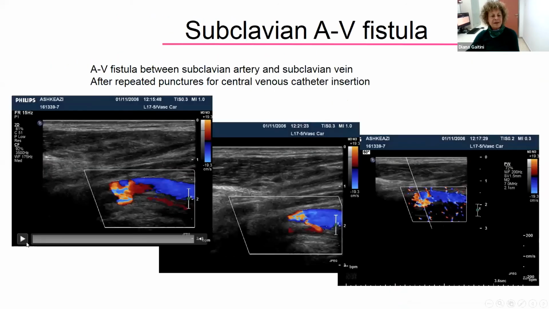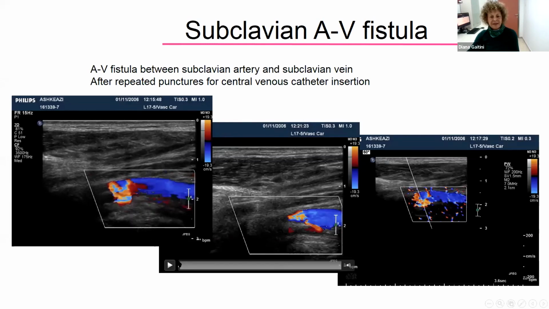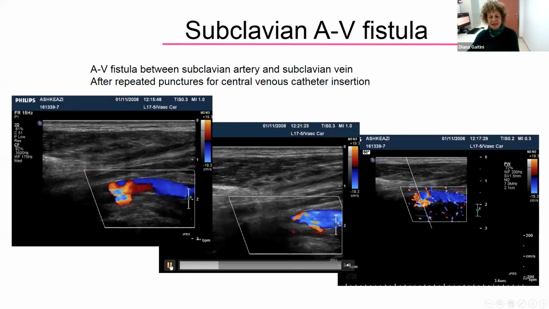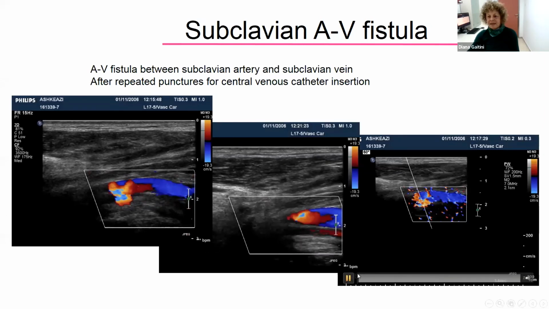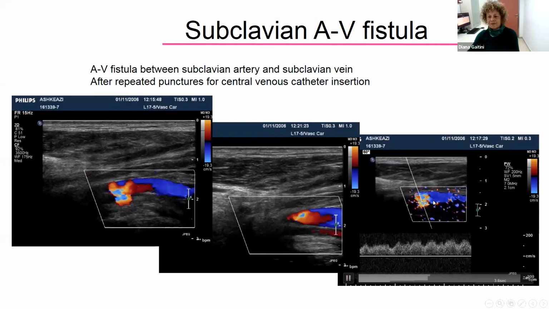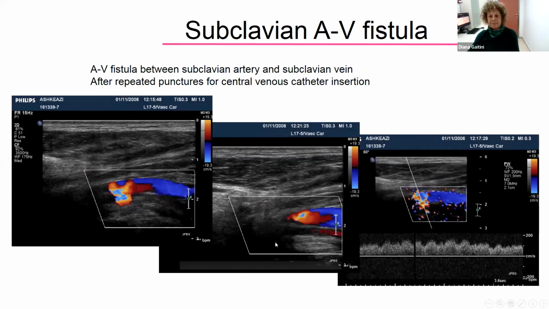This is a case of a subclavian AV fistula that was caused after repeated punctures for central venous catheter insertion. We see the communication between vein and artery. Here in another scan, we see the fistula better. And here we may see the very turbulent flow in the fistula and the color bruit surrounding it.